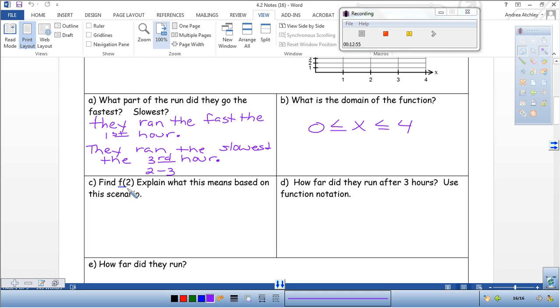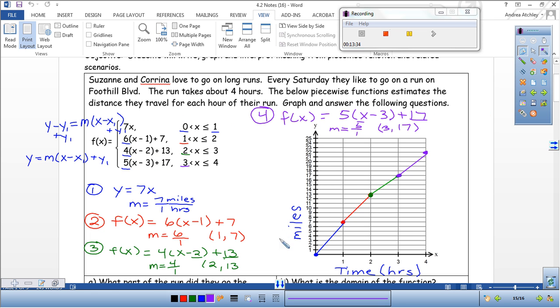Okay? Find f of 2 and explain what this means based on the scenario. Jacob, what is f of 2? Okay, so what does this mean? We're going to look at the graph, and we're going to look at 2 for x, right? f of 2 means x is 2.